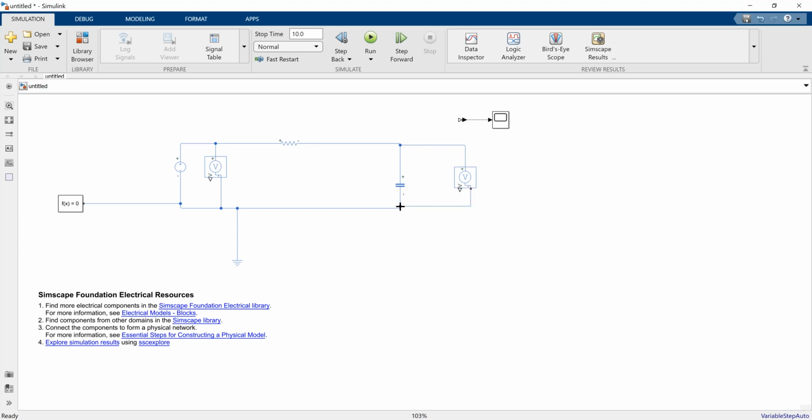So this is the voltage across the capacitor. Here, this one is used to display the output. So don't worry about these components. You don't know anything about these.